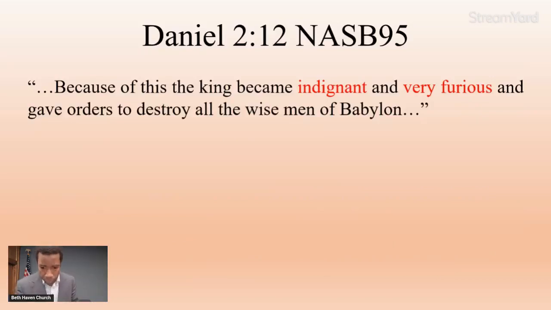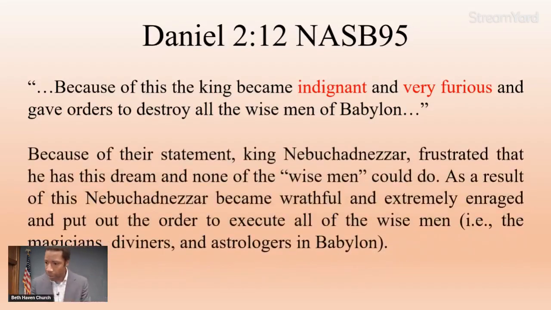Verse 12. Because of this, the king became very indignant and very furious and gave orders to destroy all the wise men of Babylon. Again, because of their statement, King Nebuchadnezzar was enraged that none of the wise men that he took on in his court could tell him this dream.